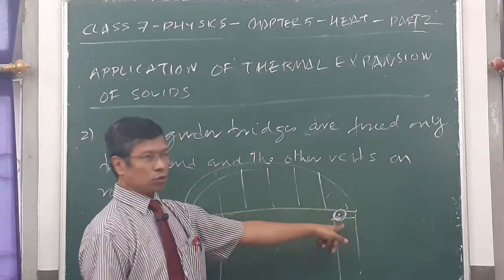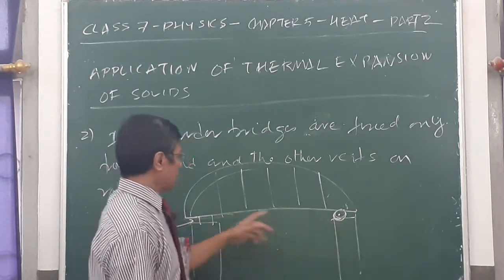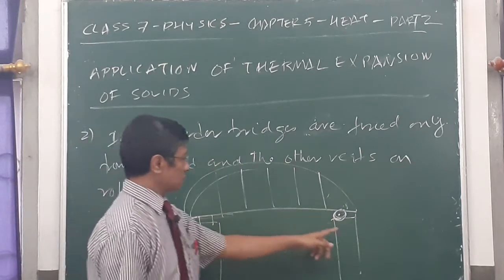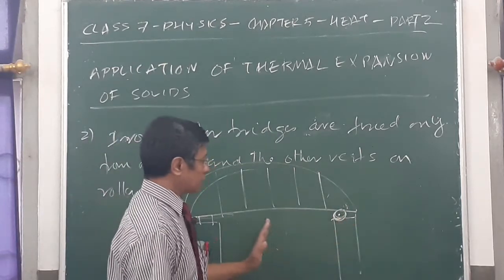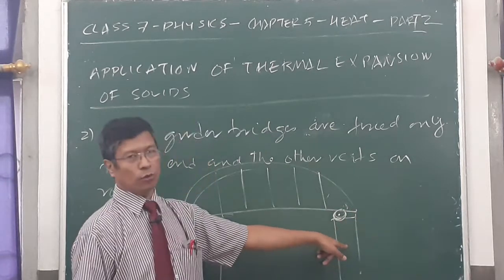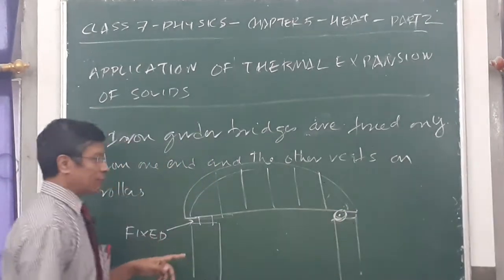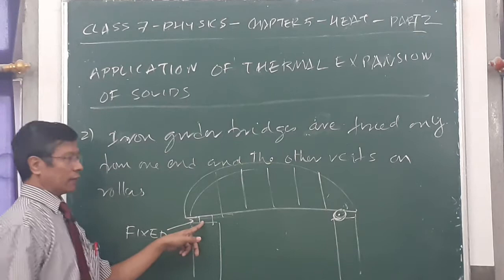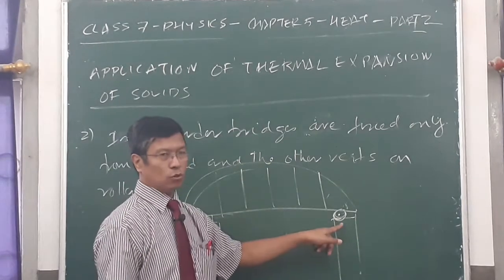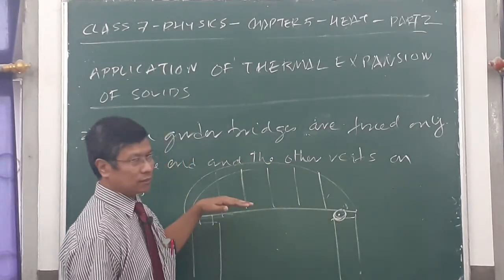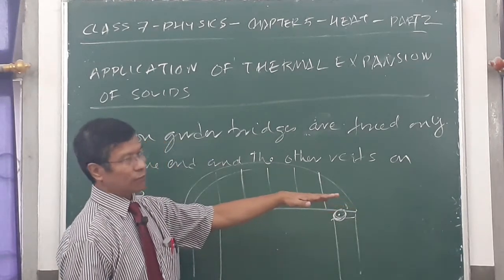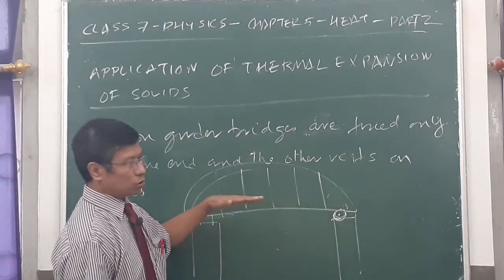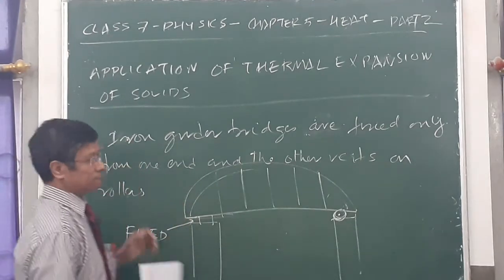But supposing this was fixed, then when the bridge expanded, it would have pushed this pillar left and right as it expanded and contracted, and this pillar would have broken. So, to prevent that from happening, the bridge is always fixed at one end and the other end is kept on rollers. When the bridge expands, it can simply roll over the rollers, and in the evening when it cools down, it contracts and rolls back to its original position.